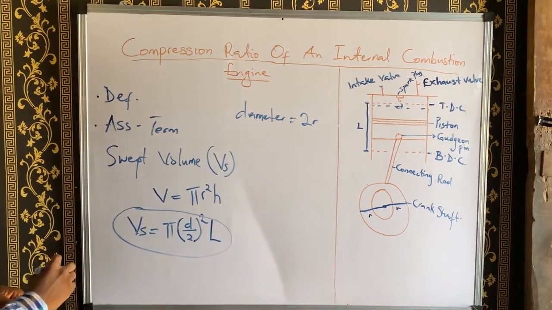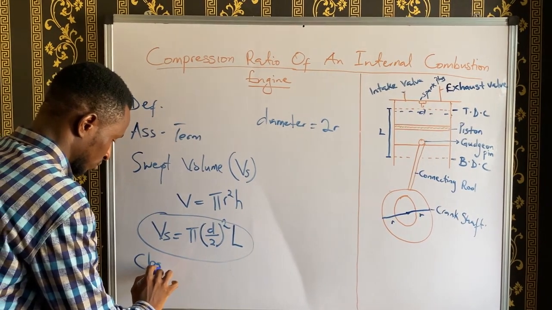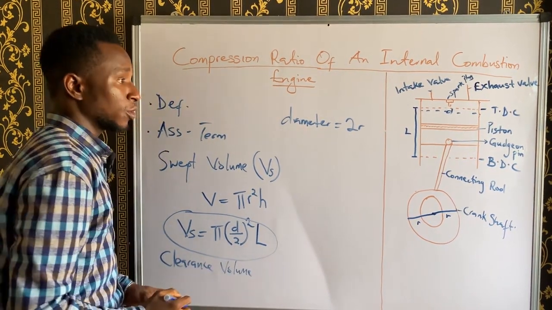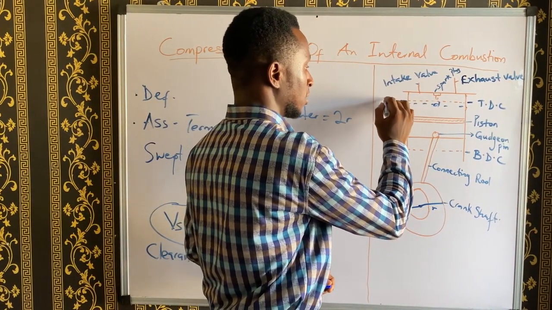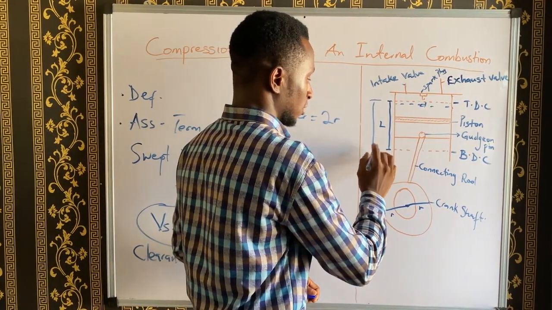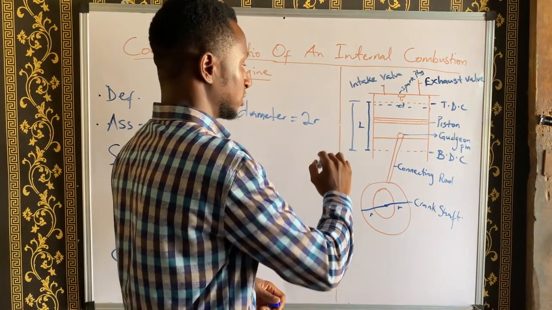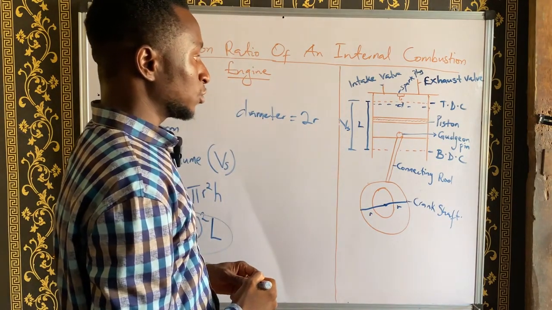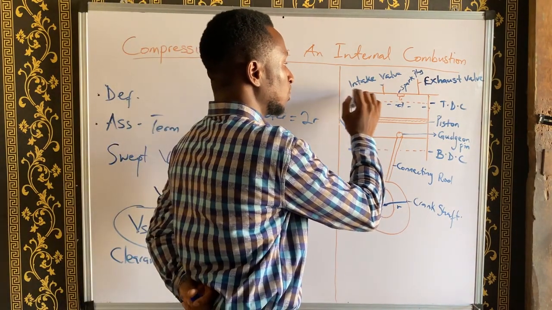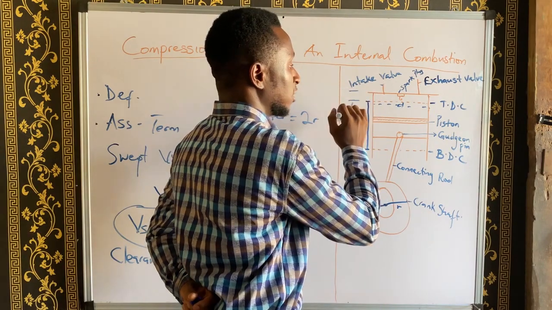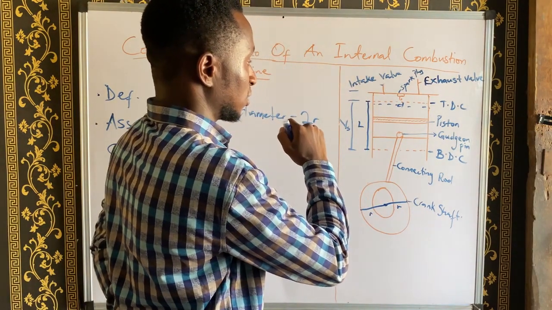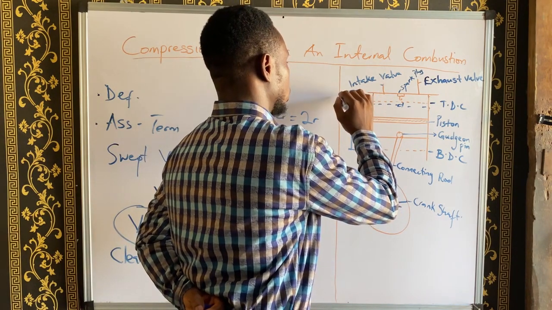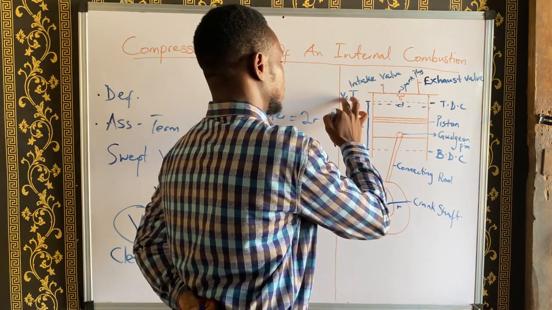The next we'll be looking into is the clearance volume. Now, the distance from TDC towards BDC is referred to as the swept volume in terms of volume, while from the bottom of the cylinder head to TDC is called Vc, the clearance volume.